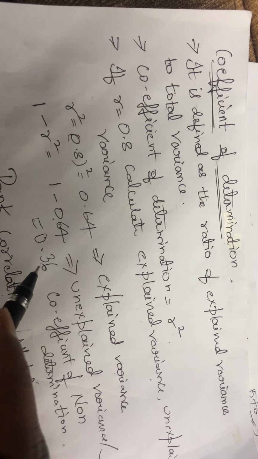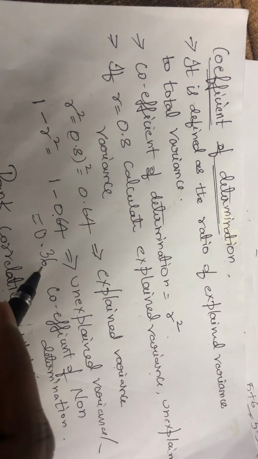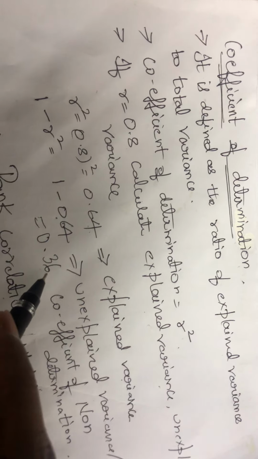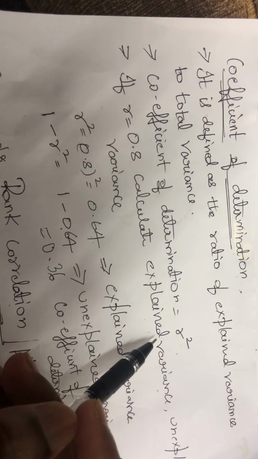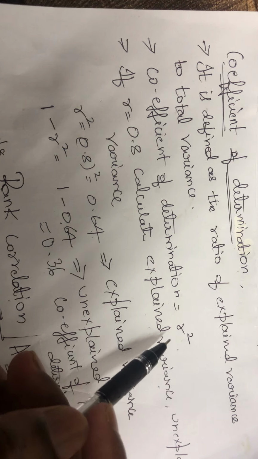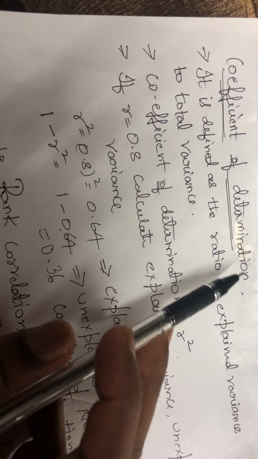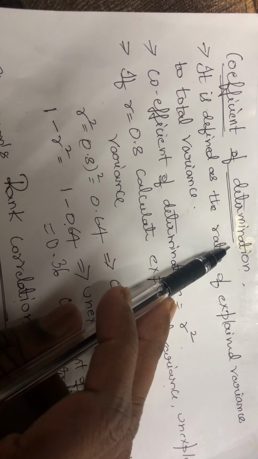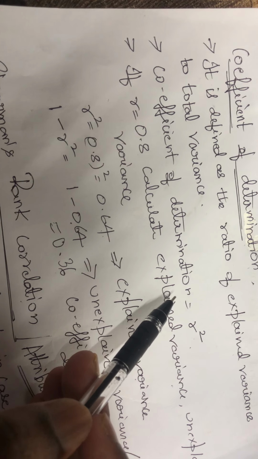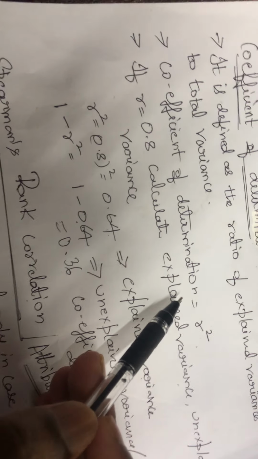In a similar way, 0.36, that is 36% of the variation, we have not measured. To find that, we use this identity. So Karl Pearson's coefficient of correlation is also used to calculate the coefficient of determination or explained variance, and similarly the coefficient of non-determination or unexplained variance.